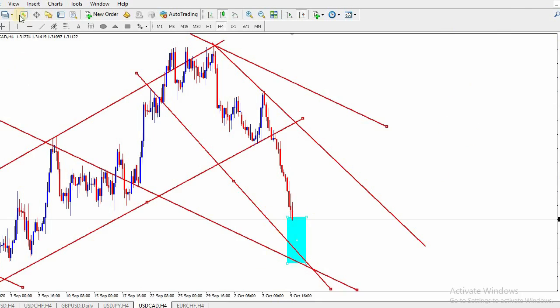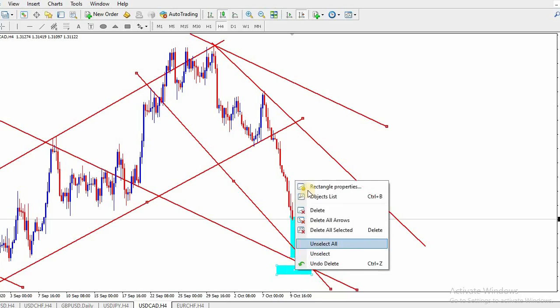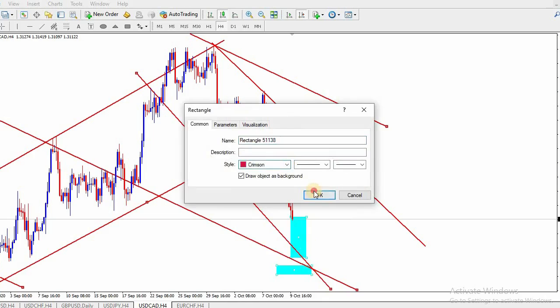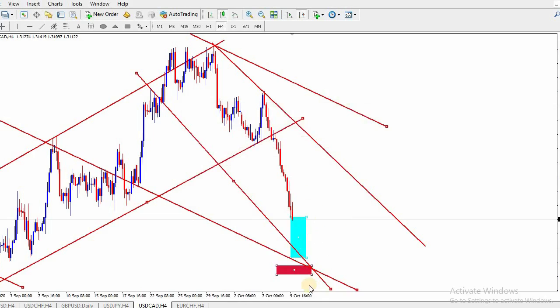So if the price gets to this point and doesn't pull back up and breaks out of this point, all we have to do is place a sell. This is the sell market, so we change it to red.